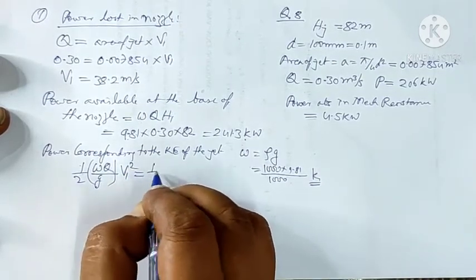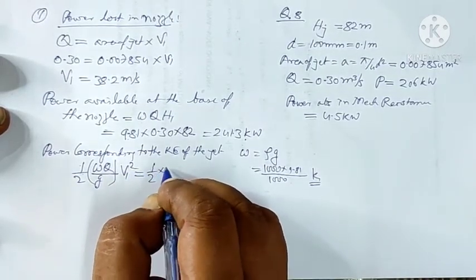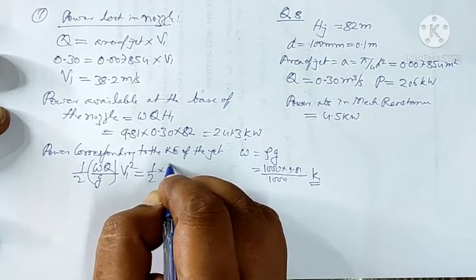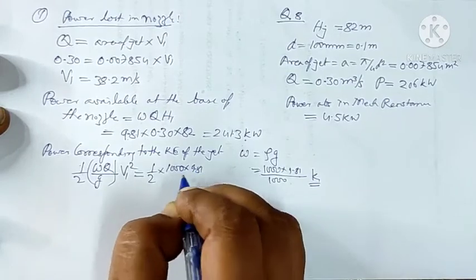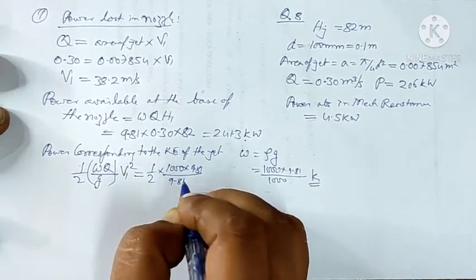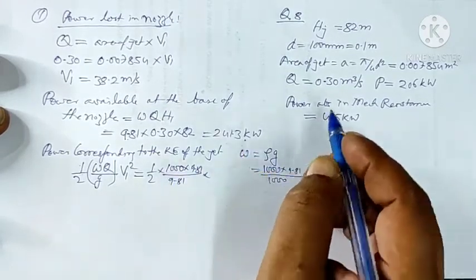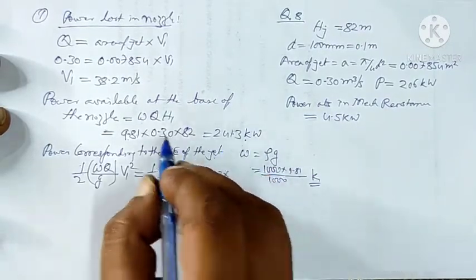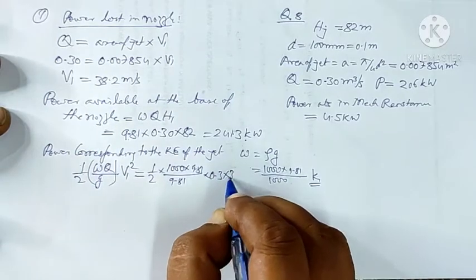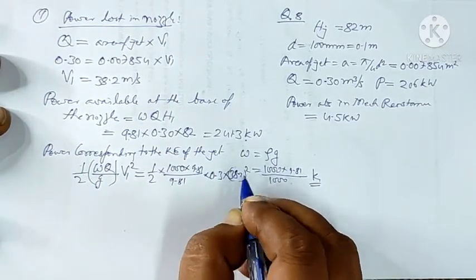So it will be equals to 1 by 2 into W, which is 1000 into 9.81, divided by 9.81, into Q, which is 0.3, multiplied by V1, that is 38.2 whole square.